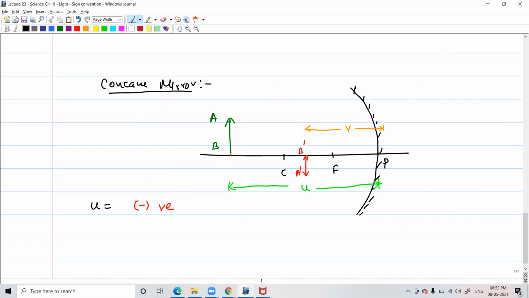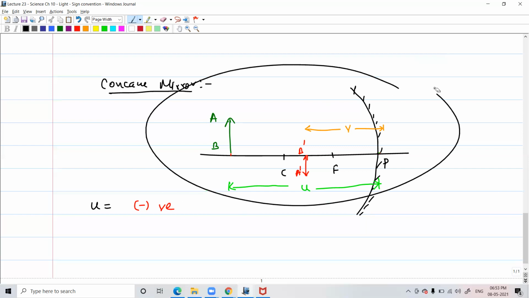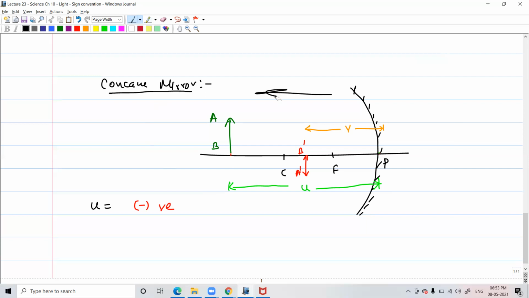So if nothing is given in the question, by default you assume the object is kept to the left and above the principal axis. That is the normal convention. If V is to the left, then of course V will be negative.